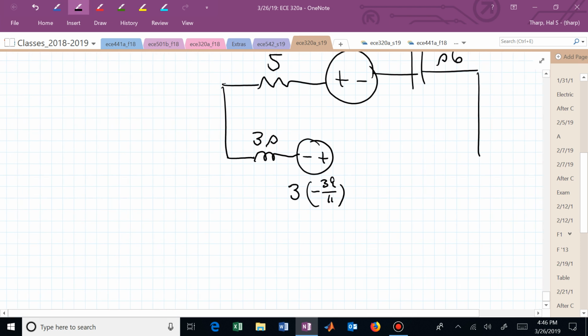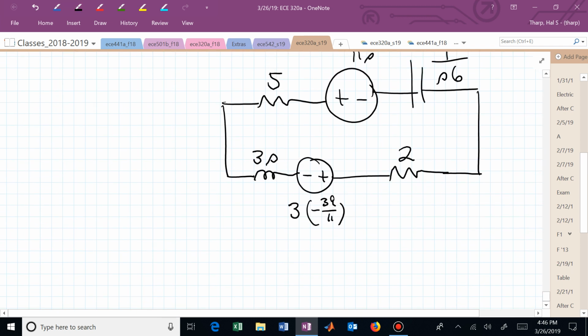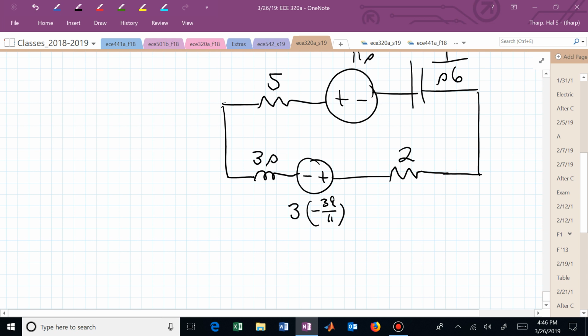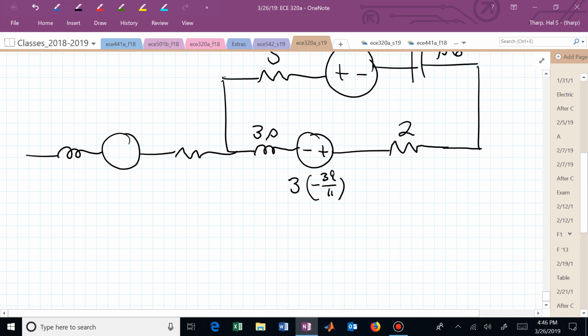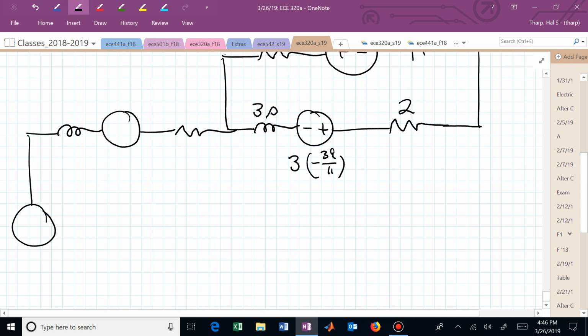We had a resistor across here. That's the top piece. We had another inductor over here and its voltage source. We had a resistor. We had a voltage source here, and we only have to worry about this one for positive time, and that was a cosine, so that's S over S squared plus 5 squared.